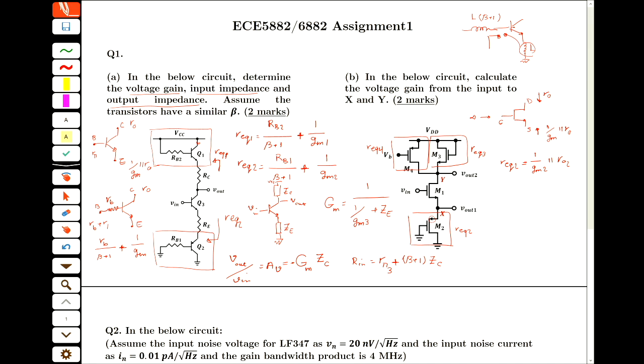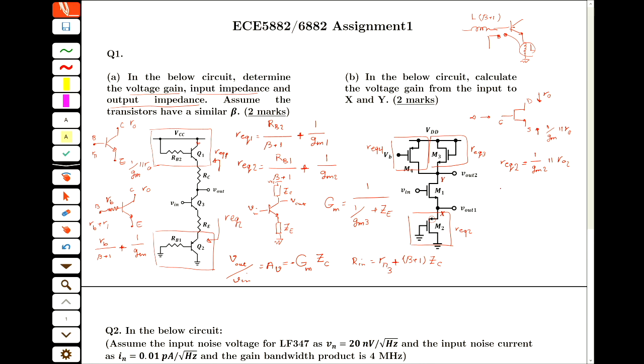The arrow is source. Always source. Arrow is always source. So we should consider the correct direction. Yes. So actually here is the source of the transistor M2, and from the source of M2 we are looking into the transistor. So it is 1 over GM2 in parallel with RO2. So this is R equal 2.